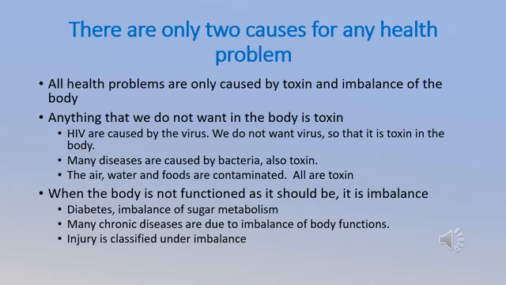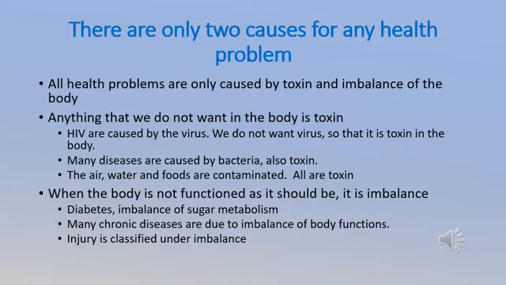Coming to rule 1 of Ganotherapy, there are only 2 causes for any health problem. Before we start this Ganotherapy, we always ask the audience, can you think of any disease that is not caused by toxins or imbalance? Anything that we do not want in the body is toxin. When the body does not function as it should, it is imbalance. Many people ask, how about HIV?